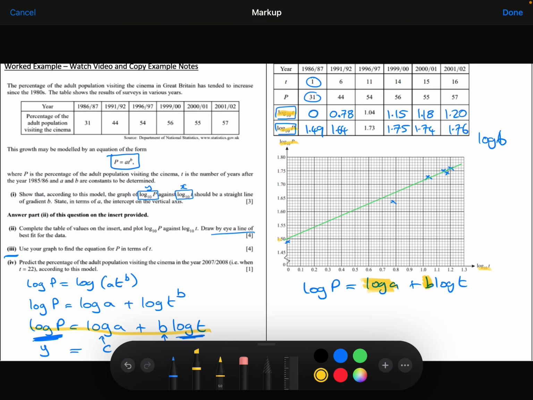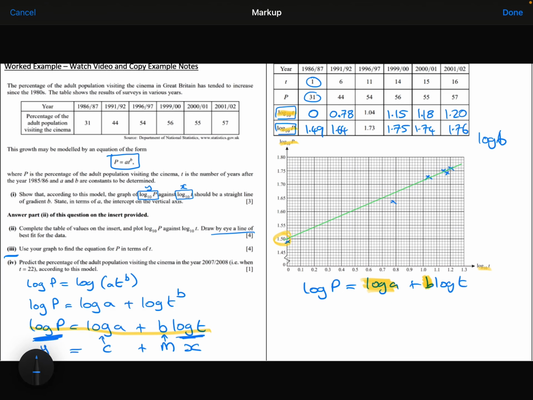Now I can see that the y-intercept of my graph is 1.5. So I can say that log A equals 1.5, which would mean that A is going to be 10 to the power of 1.5, which is 31.6 to 1 decimal place.